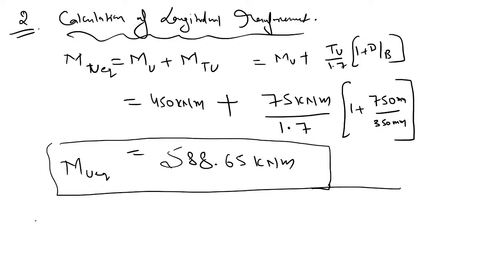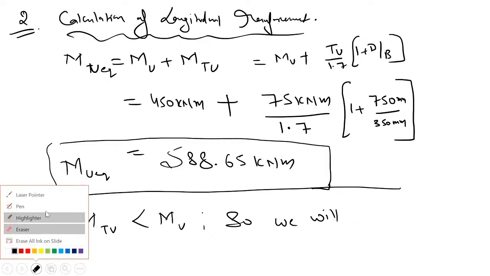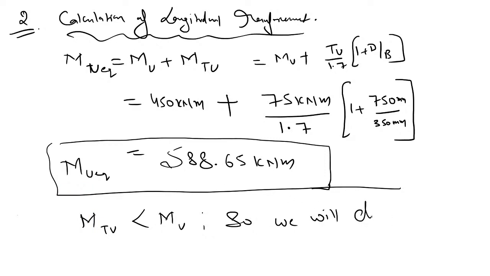So next is, here Mt is less than Mu, so we will design, is the more appropriate word, because we also do provide compression reinforcement there, but that is not to be designed, tensile reinforcement.